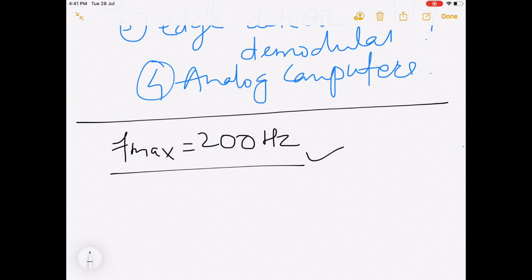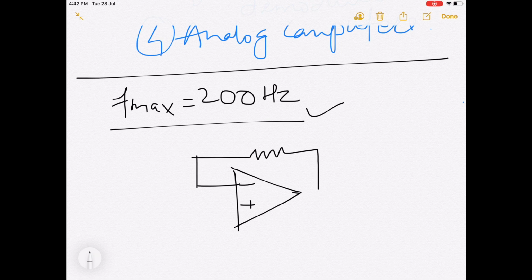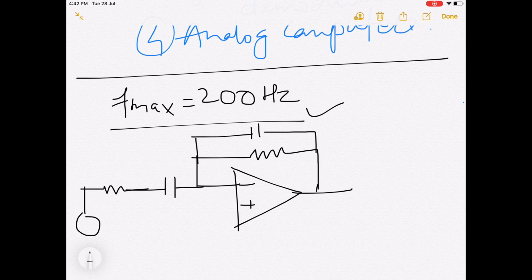For designing, as I told you, you should know the circuit diagram. Always first draw the circuit diagram and then go for the designing, and here you have to draw the practical circuit diagram. Here is one resistor in parallel in the feedback path, then one capacitor, then again one capacitor and one resistor, and the input is applied.